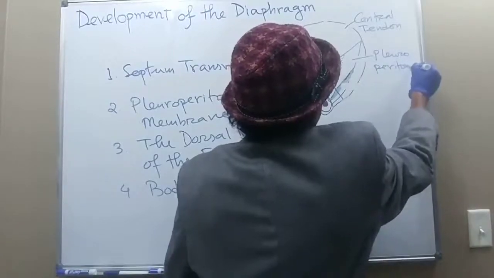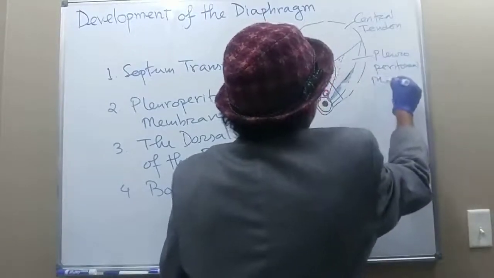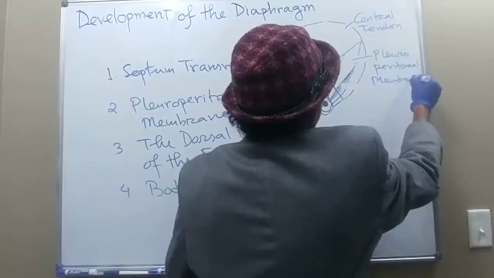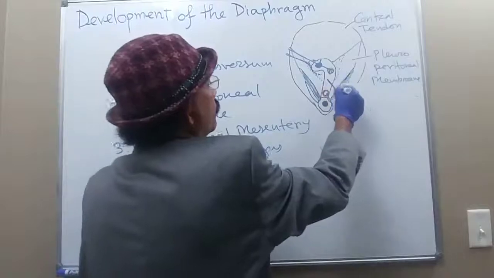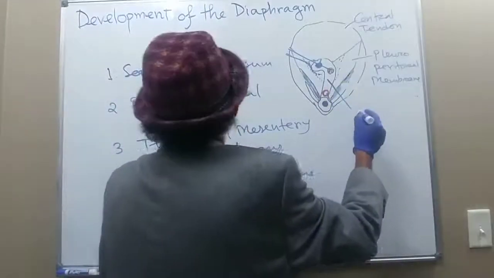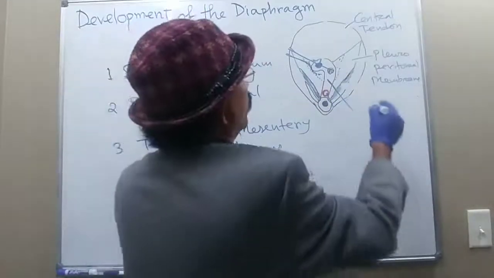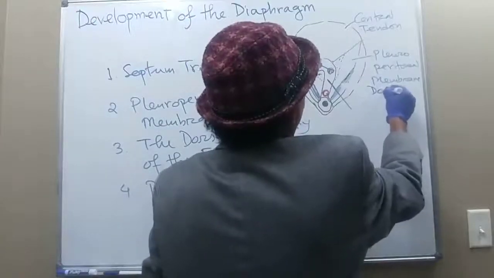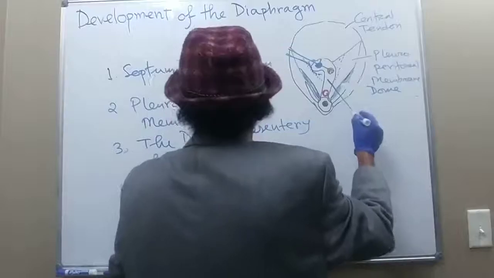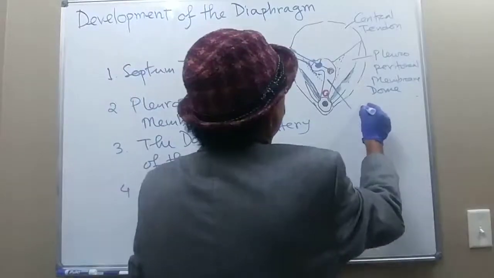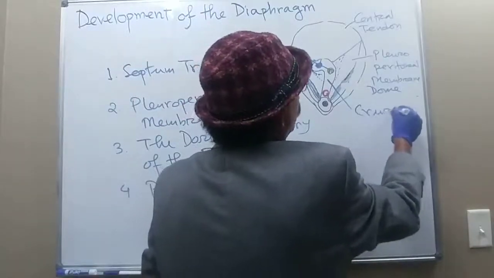And from the dorsal mesentery of the esophagus we are getting the crura of the diaphragm.